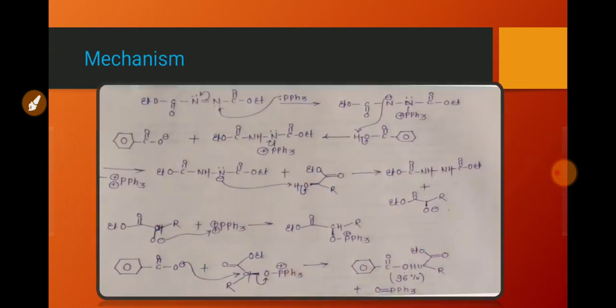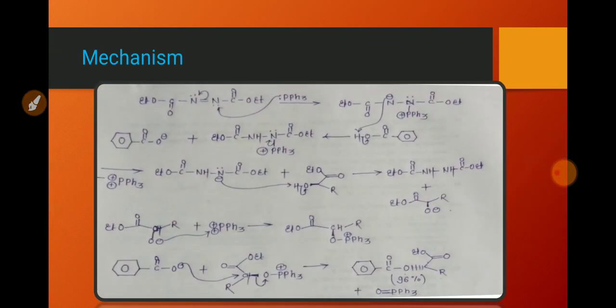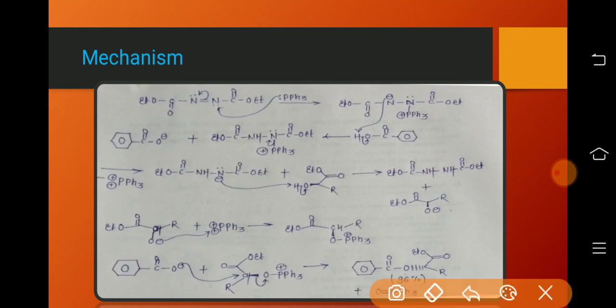The mechanism of this reaction is provided here, which follows initial attack of triphenylphosphine, followed by abstraction of the acidic proton from benzoic acid, making it the conjugate base, then further removal of triphenylphosphine and abstraction of hydrogen from the alcohol.